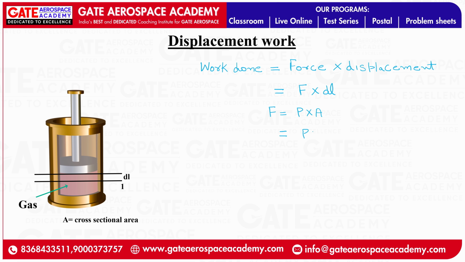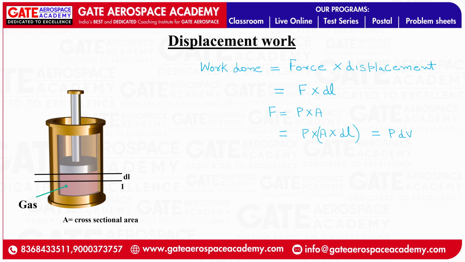Pressure into area into small elemental length dl, correct? What is area into length? That is volume, right? So area into the small elemental length dl will be the elemental volume dV. So this will be pressure P into dV.